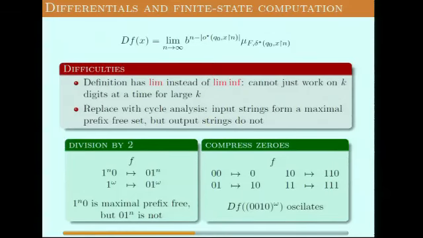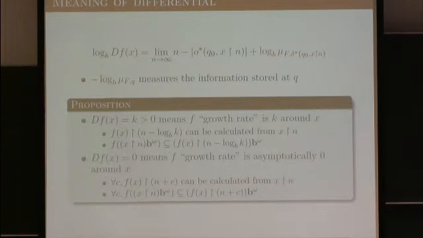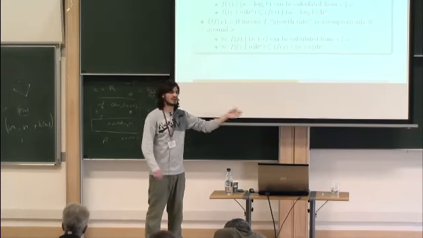In the other cases, the oscillation between the growth of the input and the output can be measured by this factor right here, the logarithm of the constant. So in some way this measures some information stored at Q. The machine saves some information in Q and outputs it later.